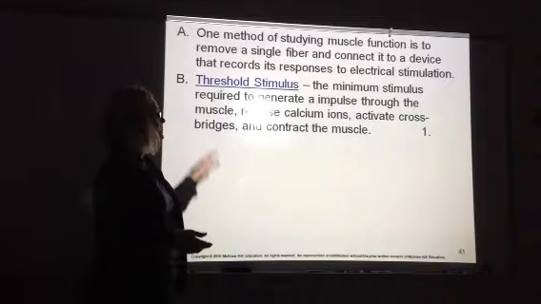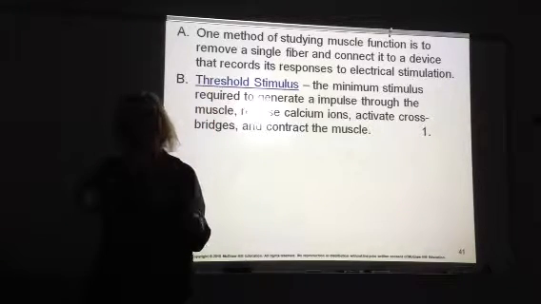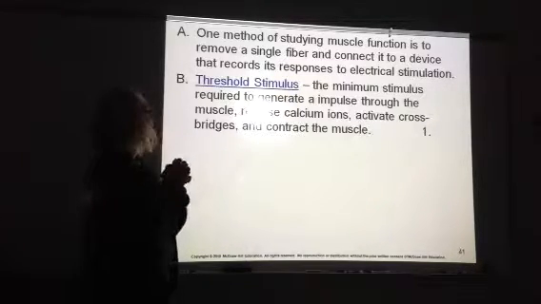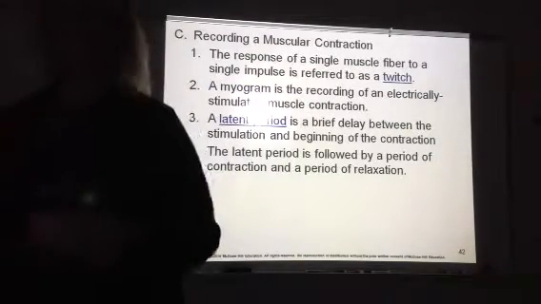When that happens, the electrical impulse goes through the muscle, calcium ions are released, and those calcium ions activate the cross bridges of thick filaments and thin filaments to connect and actually contract the muscle. So threshold is the minimum amount.